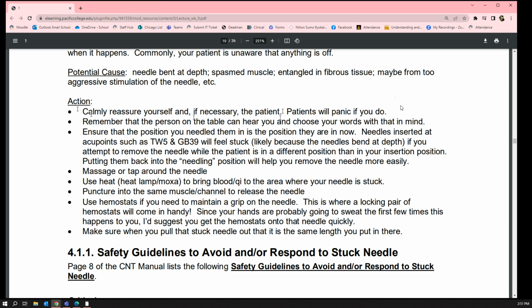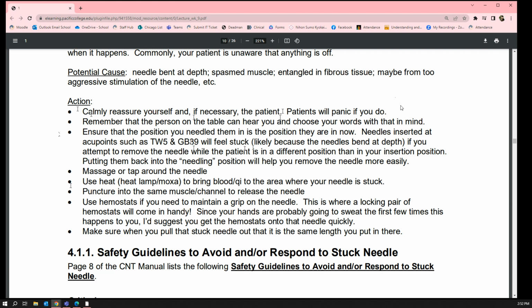Next bullet point: ensure that the position you need them in is the position they are in now. So again, if we're talking about the radius and the ulna, we want to get those back into neutral orientation. Down on the gallbladder channel, on the leg, if we have any change of the tibia and the fibula, that might cause some issues there. So make sure you put them back in the position in which you needled them. If the needle is still stuck after that, you can massage or tap around the needle.